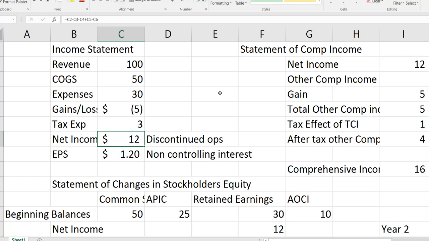In this case, you've subtracted out the tax expense, and then you calculate this required disclosure, earnings per share. That's the net income divided by the number of shares outstanding. So in this case, we took the $12, we calculated on the income statement, 12 million, whatever you want, and divided it by 10, which for right now, our shares outstanding, you would be given.